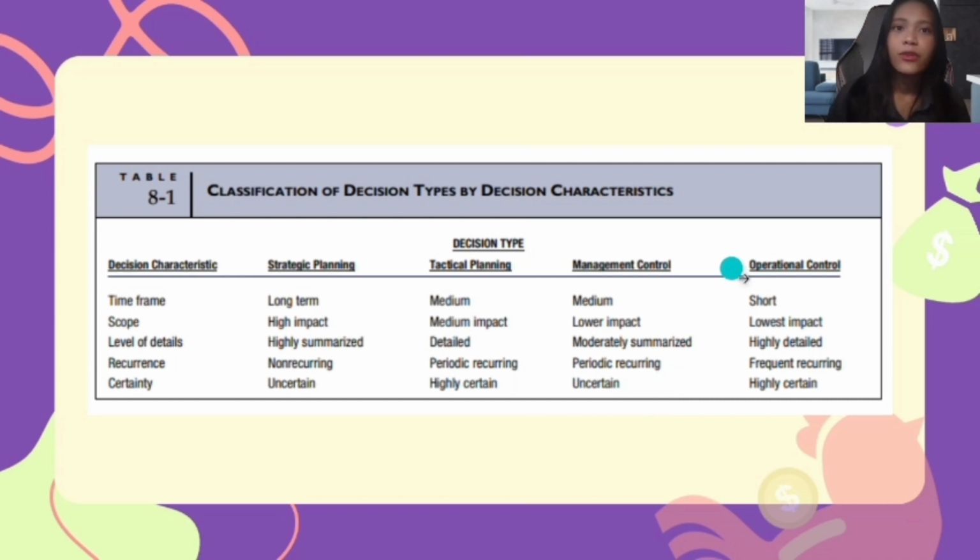And lastly, for the operational control, the time frame is short, the scope is lowest impact, the level of details is highly detailed, the recurrence is frequent recurring, and the certainty is highly certain.